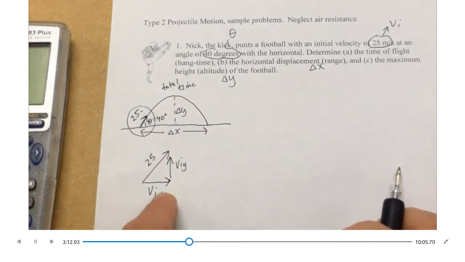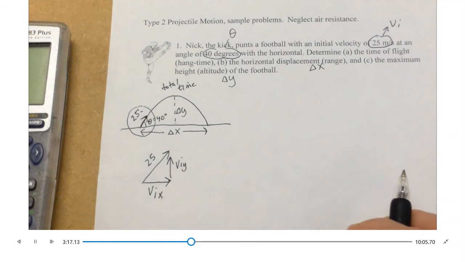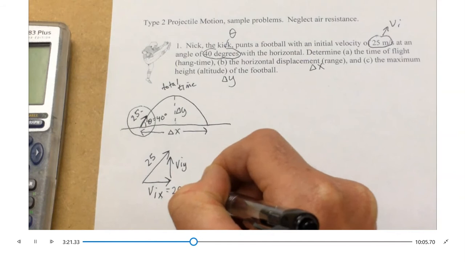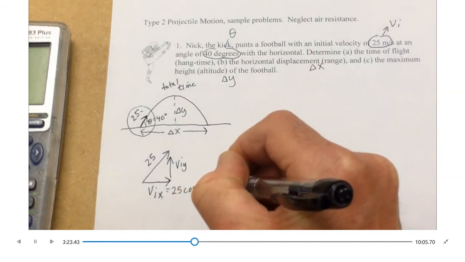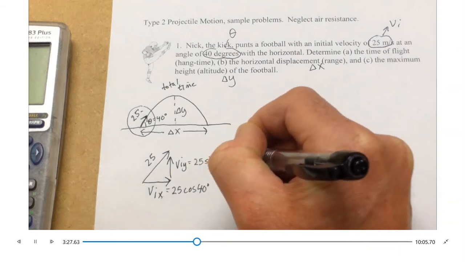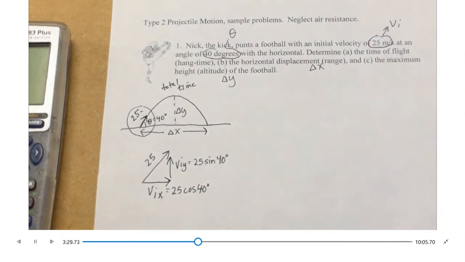I'm going to bust this velocity up into its two parts, Vx and Vy. This is the adjacent leg, so 25 cosine of 40, and here we'd say 25 sine of 40. That's back to our unit on vector mathematics.